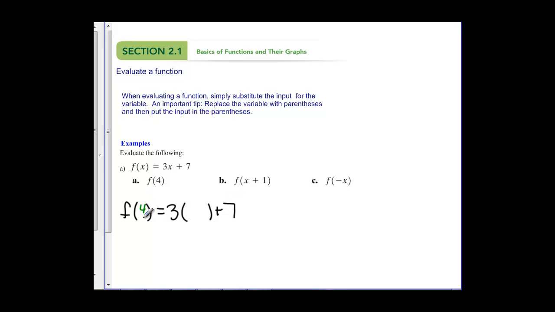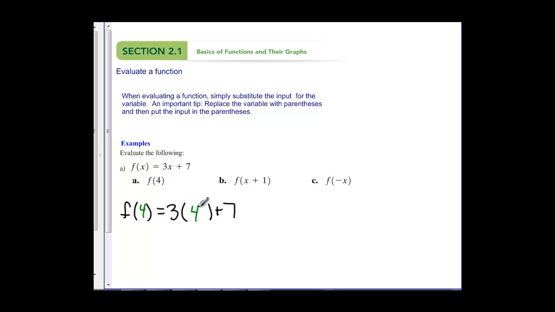So I'm doing f of 4, I need to plug in 4. If you leave the parentheses where your variable was, this will save you dearly from those little tiny mistakes, those sign errors, or maybe a distributing mistake.